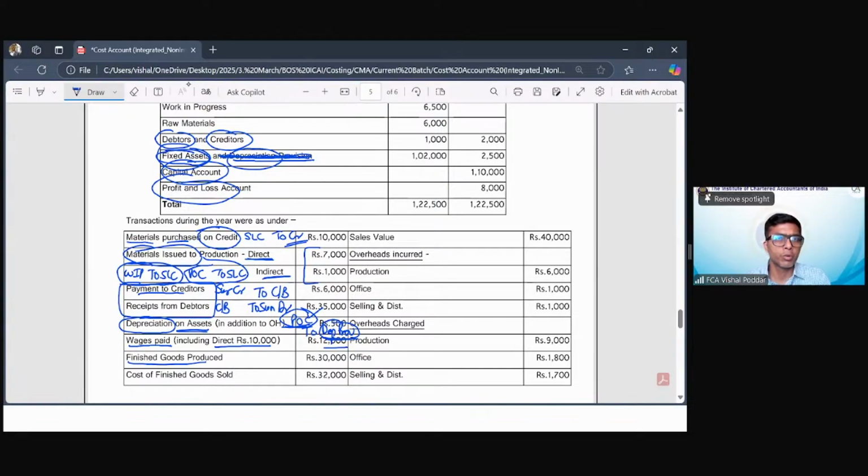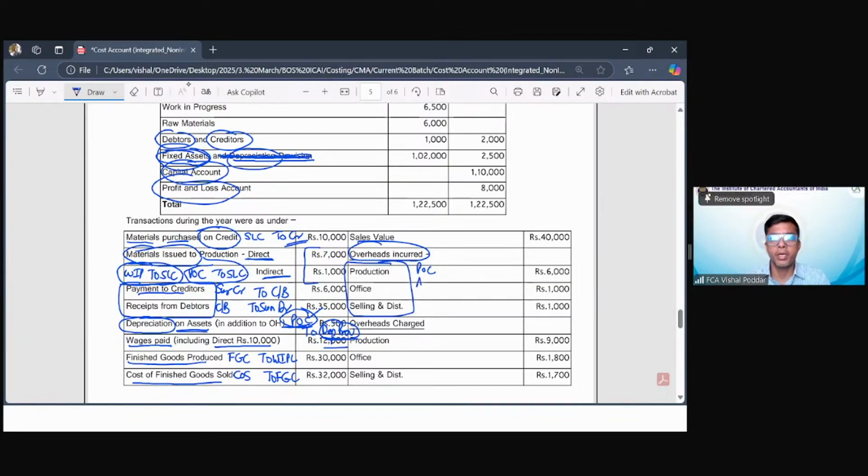Finished goods produced, we know the transaction, it will go to finished goods from the WIP. Cost of goods sold, again we know it will go to COS from the finished goods. So these entries will remain same. Again, overheads incurred. So all these three accounts are debited.